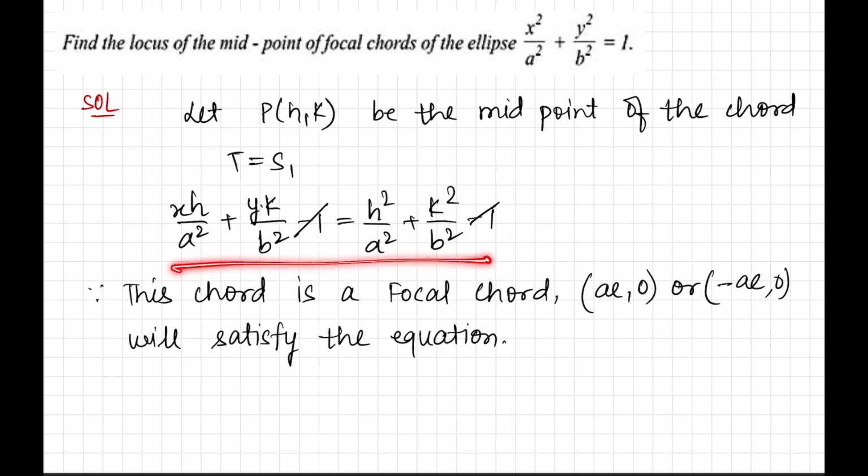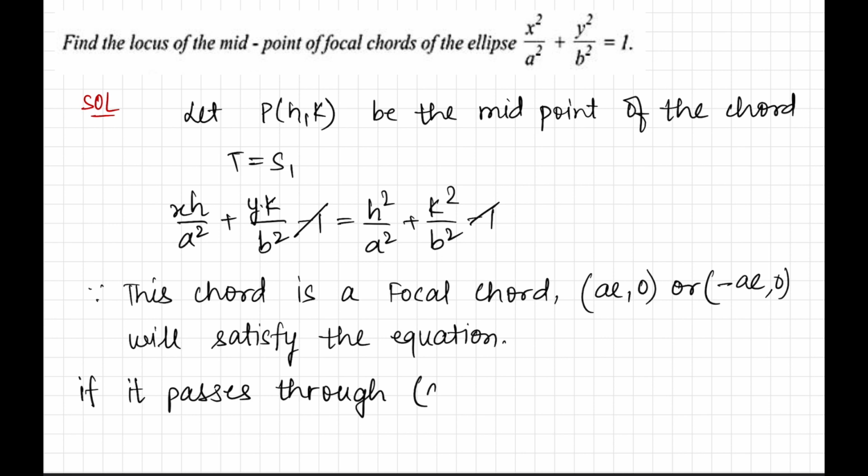So if this chord passes through the point (ae, 0), we can write ae into h by a square plus 0 is equal to h square by a square plus k square by b square.